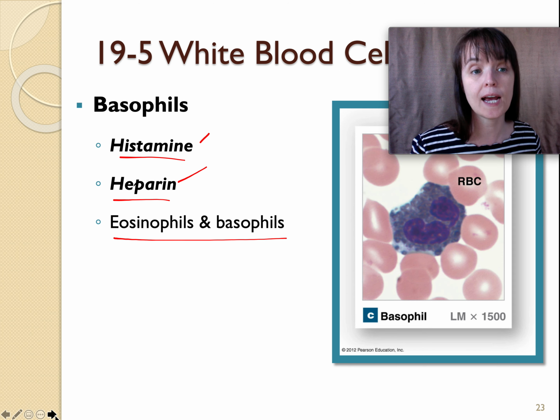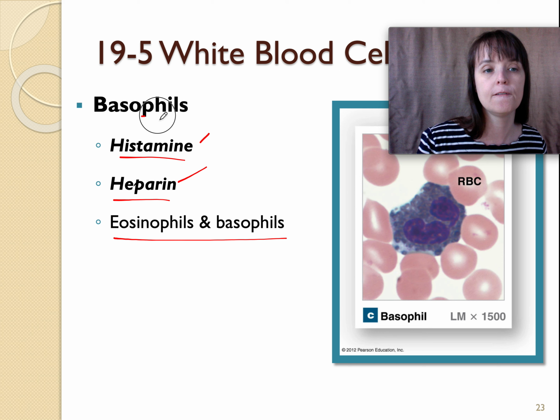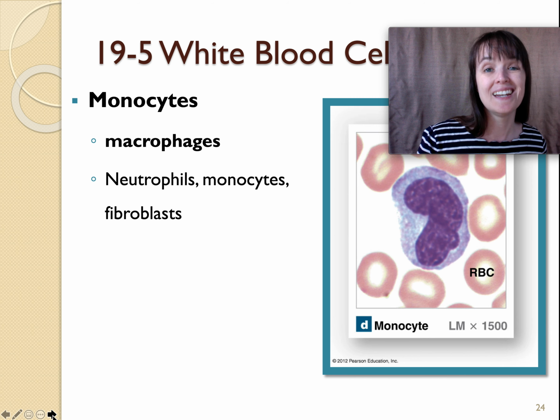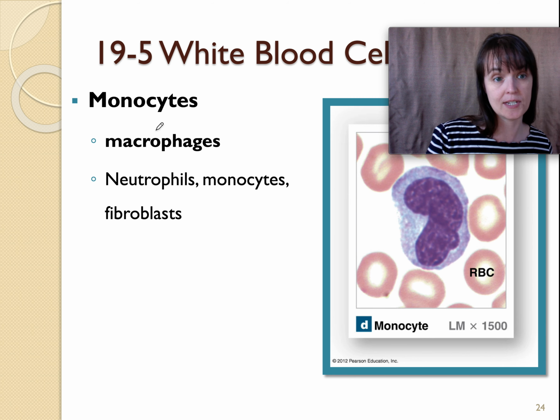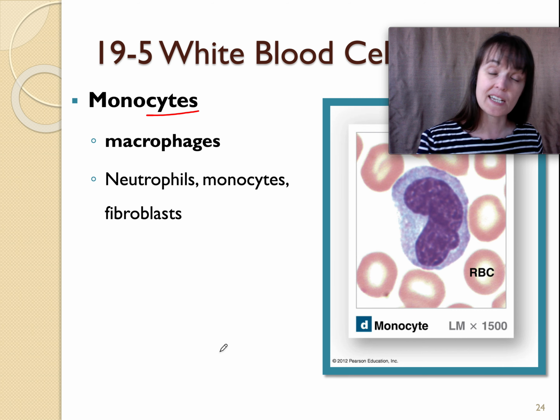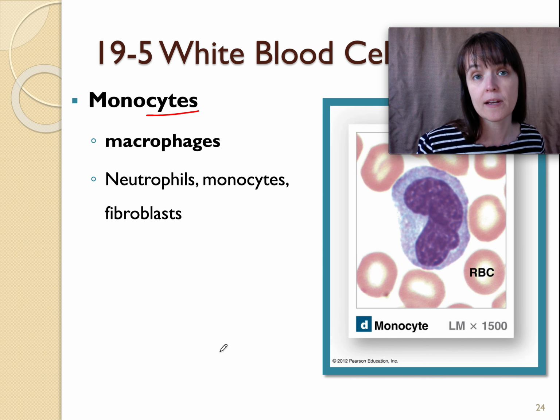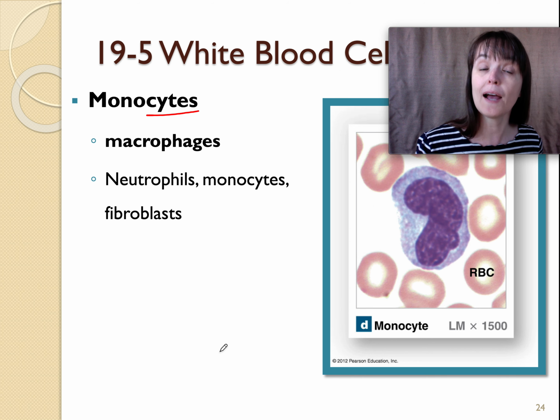So this is the last of the granulocytes. The granulocytes all have names ending in phil. Neutrophil, eosinophil, basophil are all granulocytes. Next are the agranulocytes, and they end in cyte. So the monocyte and the lymphocyte are agranulocytes. Here's the thing, we have since learned that they do have granules, they just don't stain.